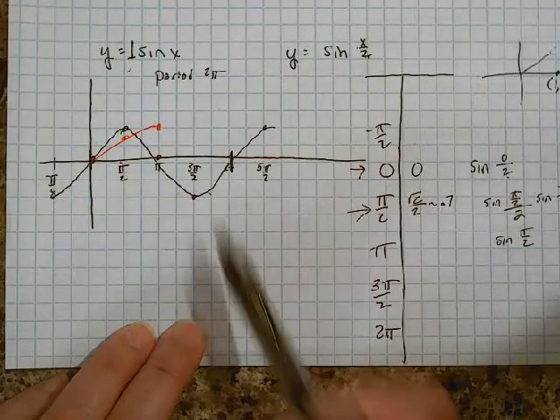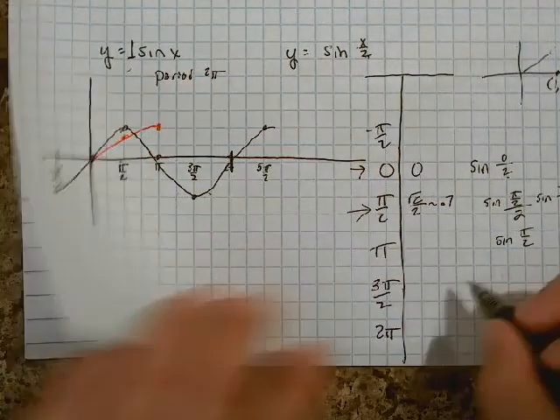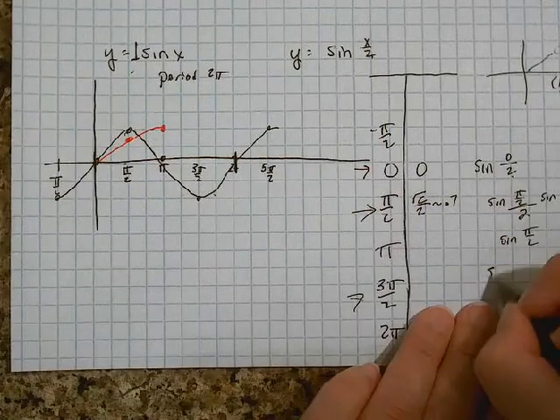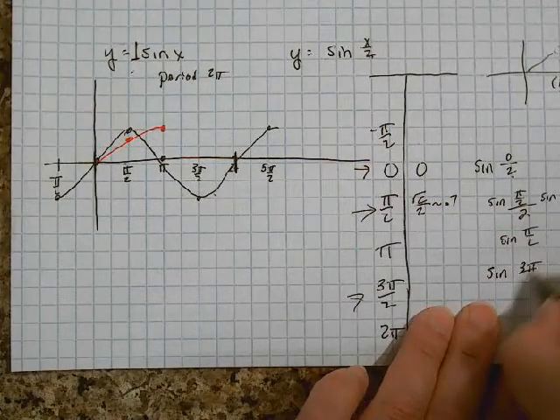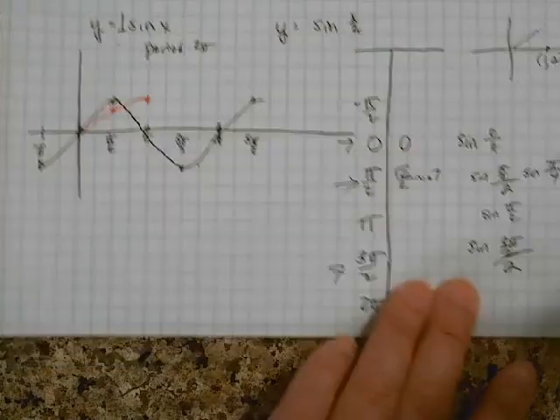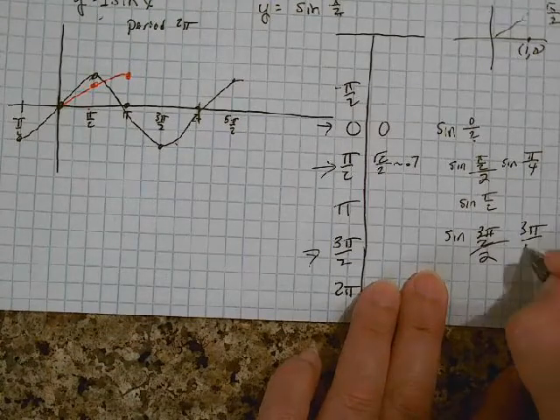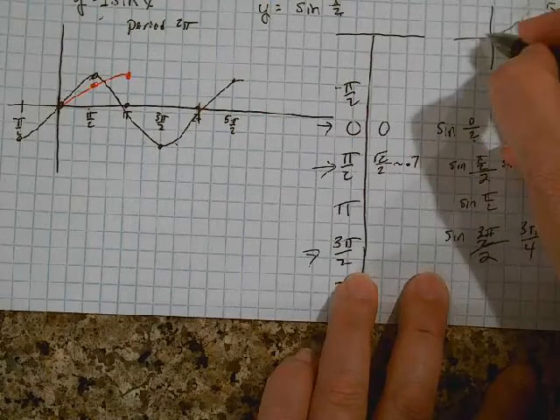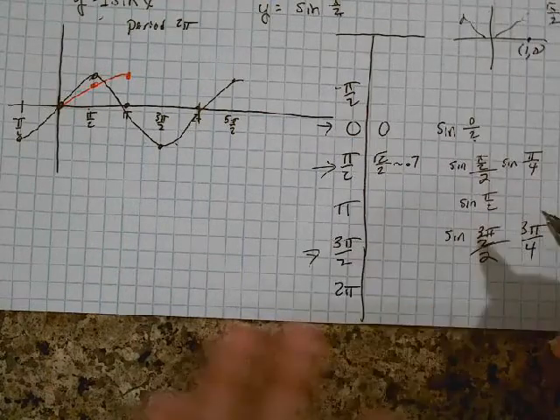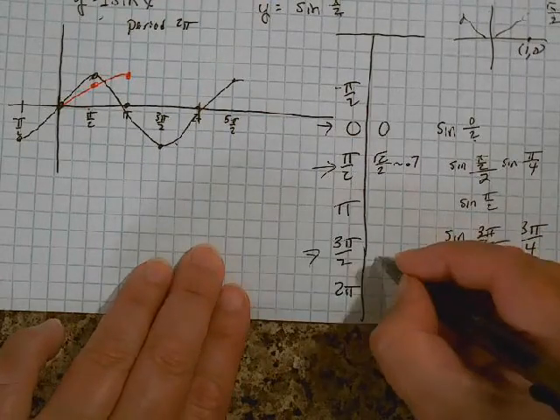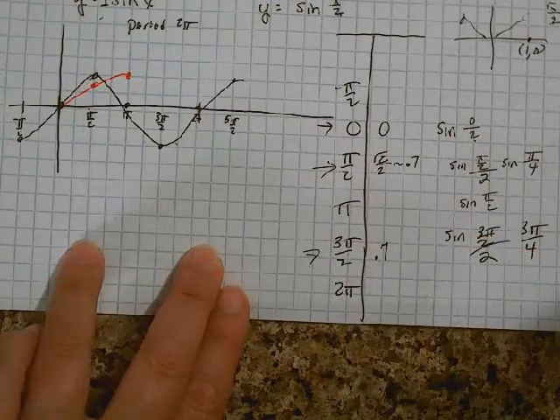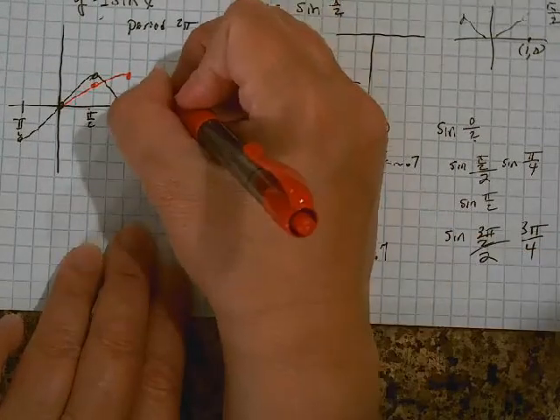So let's go ahead and think about 3 pi over 2. So I'm going to have sine of 3 pi over 2 over 2, which really becomes 3 pi over 4, which is right here. And sine at 3 pi over 4 is square root of 2 over 2, which is 0.7. So here we're starting to come back down.